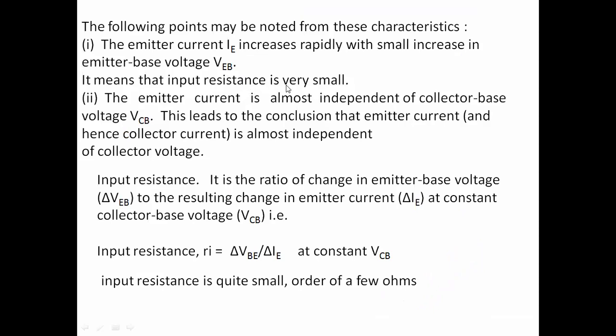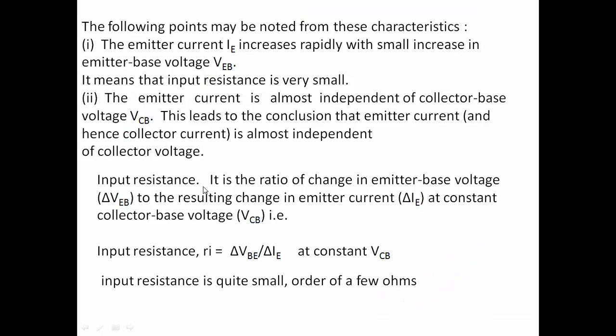It means that the input resistance is very small. For the common base configuration, input impedance or input resistance is small. The emitter current is almost independent of the collector base voltage VCB. So this leads to a conclusion that emitter current, and hence collector current, is almost independent of the collector voltage.